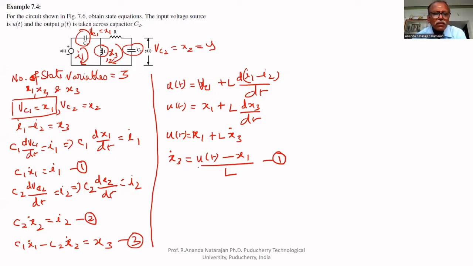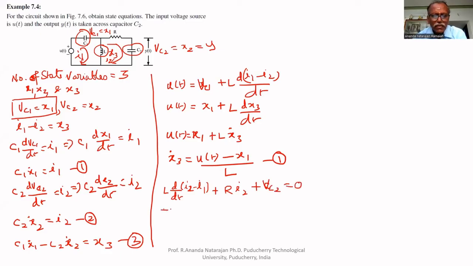Similarly, if we consider the second loop, that is I2 loop, what you will get is L d by dt of (I2 minus I1) plus R I2 plus VC2 equal to 0.